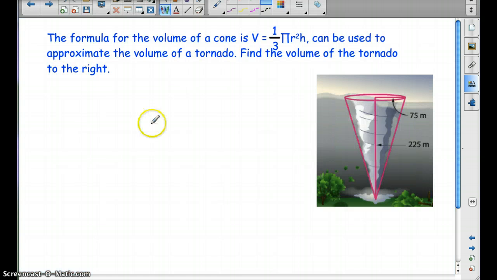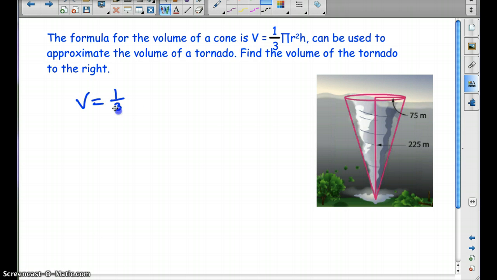Now the next slide we're going to use a formula. So we're going to use the volume of a cone because a tornado is kind of like a cone. So we have V equals 1/3 pi r squared h. And we're going to go ahead and plug values in to find the volume of the tornado to the right.